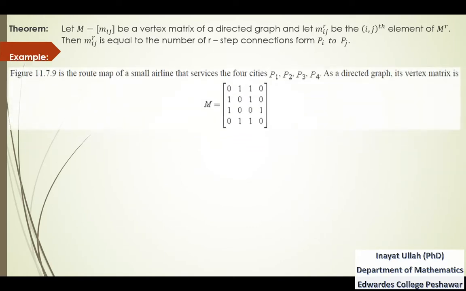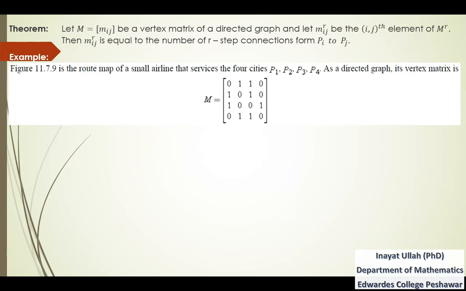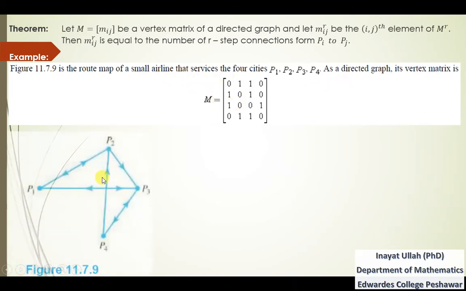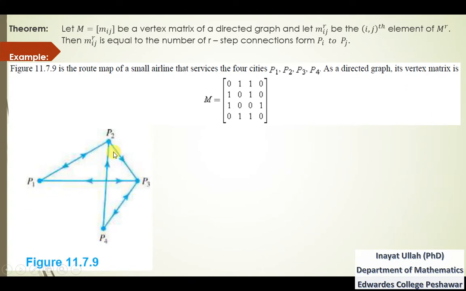To understand the statement of this theorem, let us consider an example. For example, there are 4 cities, P1, P2, P3 and P4. Among these cities a small airline service exists, and this graph shows the route from one city towards a second city.